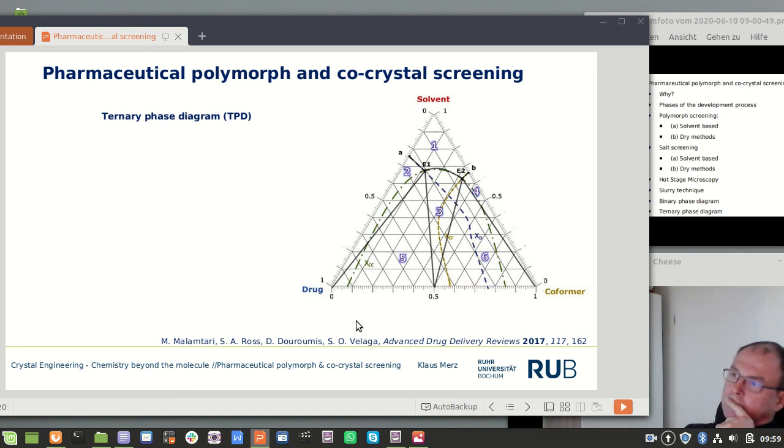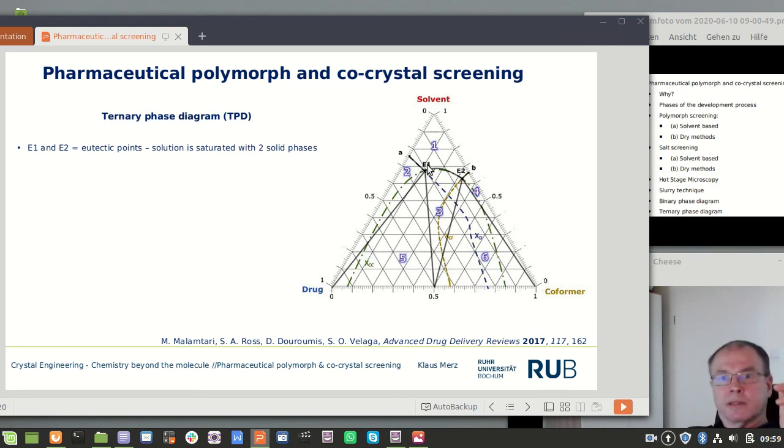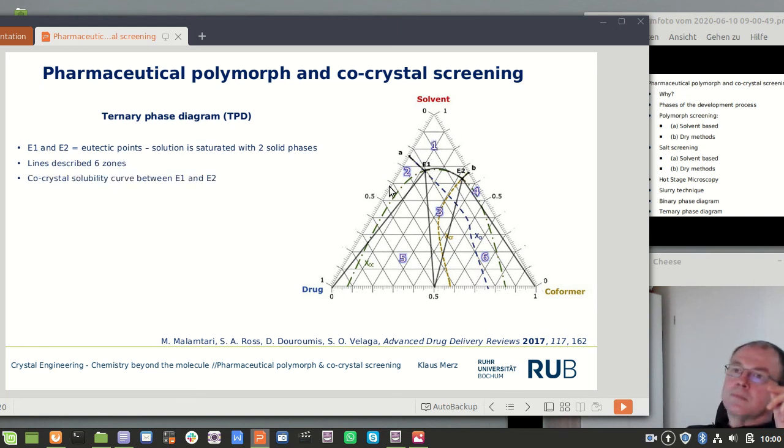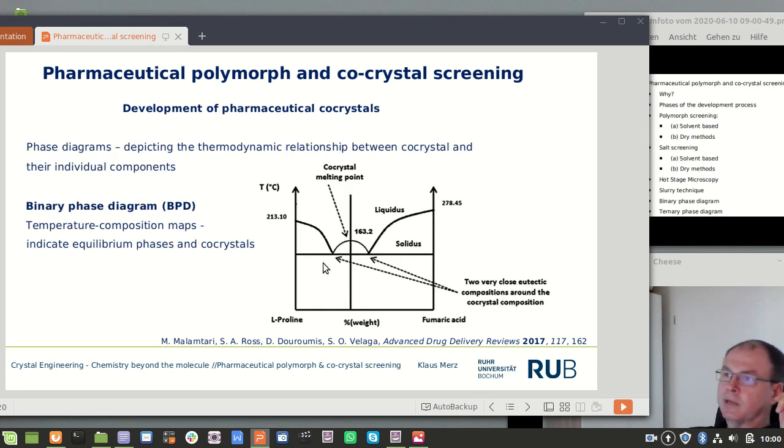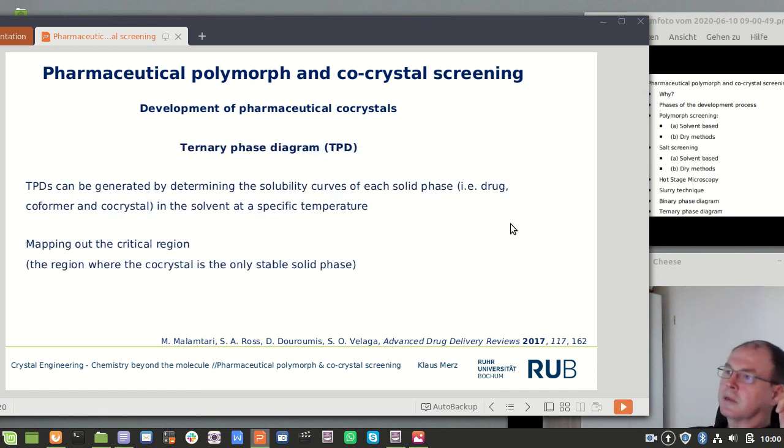Well, now have a look. First, what we see is two eutectic points. The solution is saturated with these two solid phases. As I said, we have six zones. And the co-crystal solubility curve, the co-crystal is between these two eutectic points. This is very similar if you compare it with the binary.